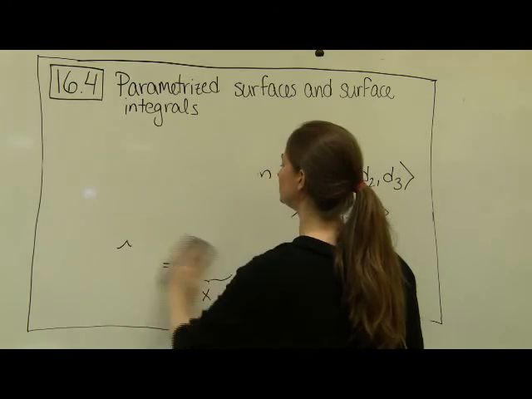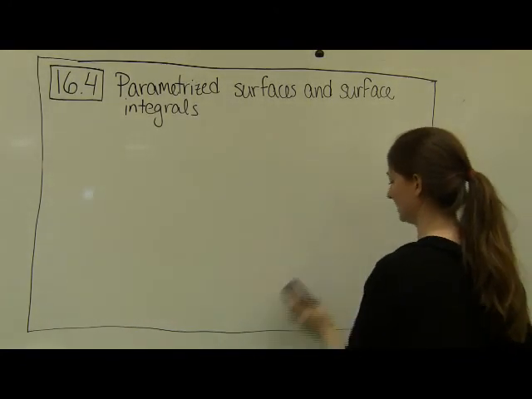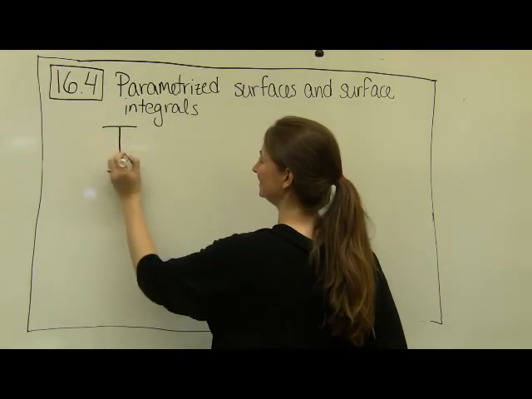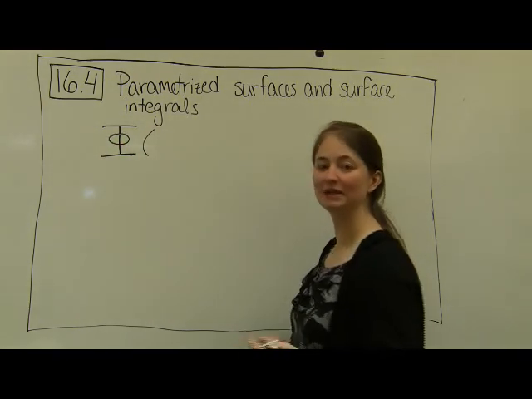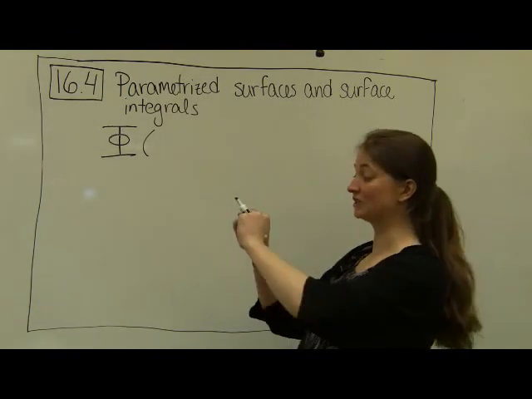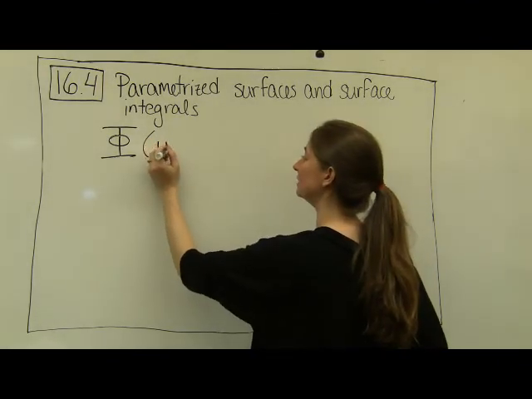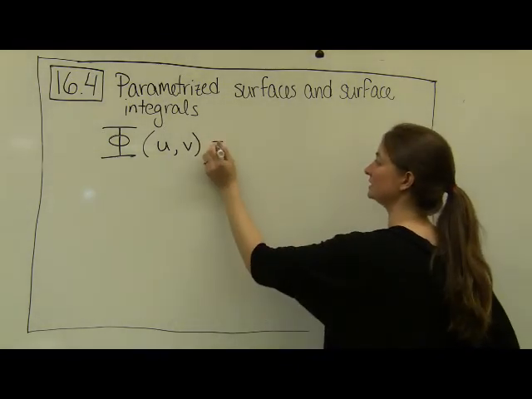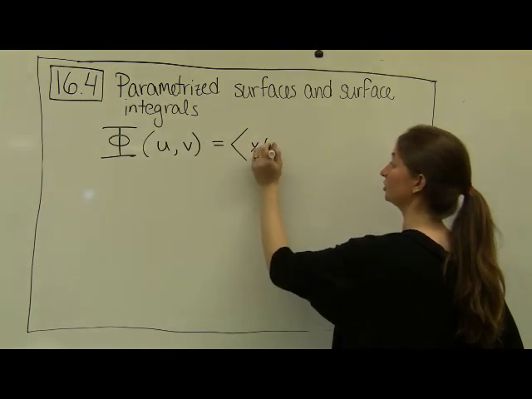So by definition, our parametrized surface, typically we represent with a capital Phi. In the last example, our line was parameterized just by one parameter, t, and it gave us a one-dimensional thing. It gave us a line. Now we're going to consider parameterizations with two input variables. And our outputs in this case are going to be a vector in R3.